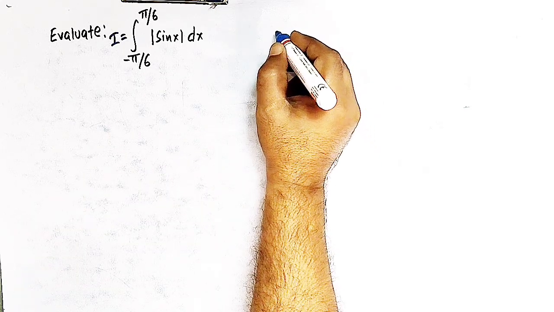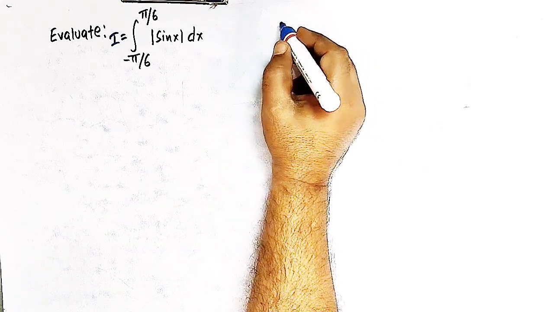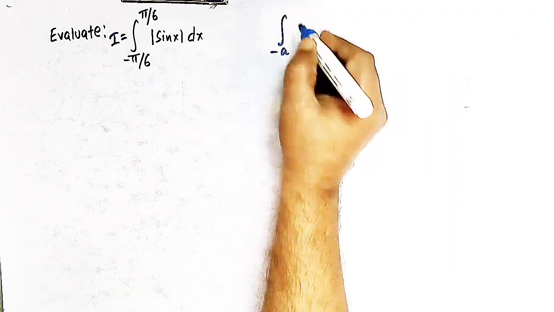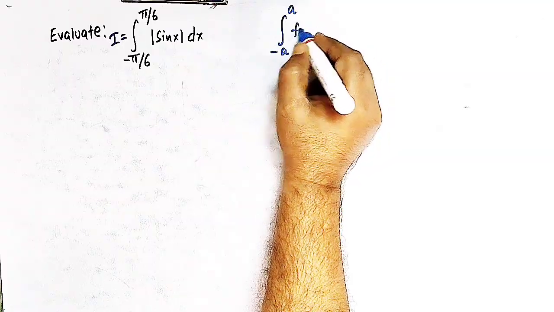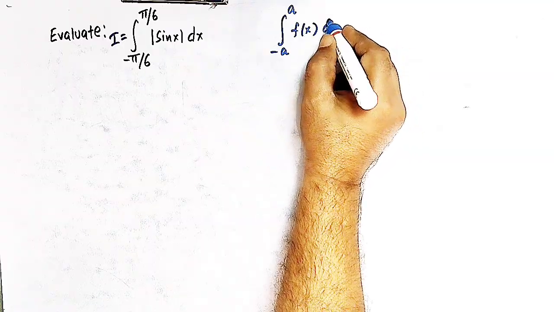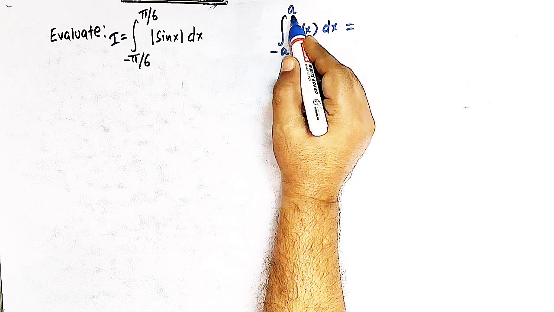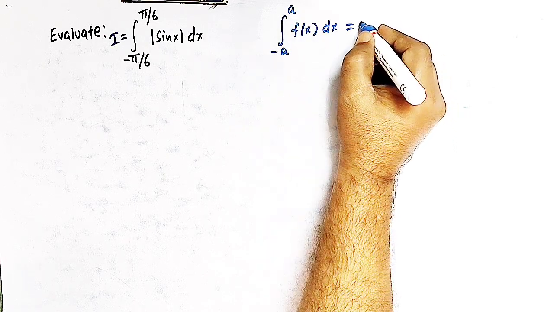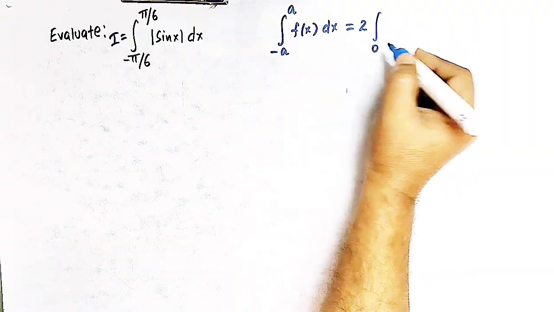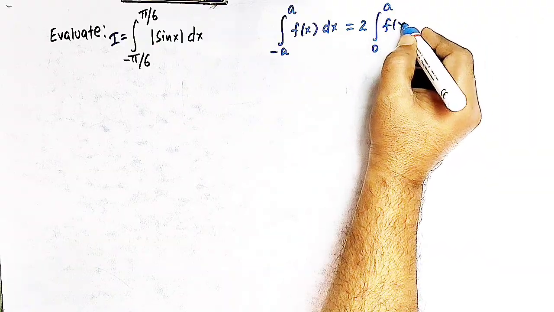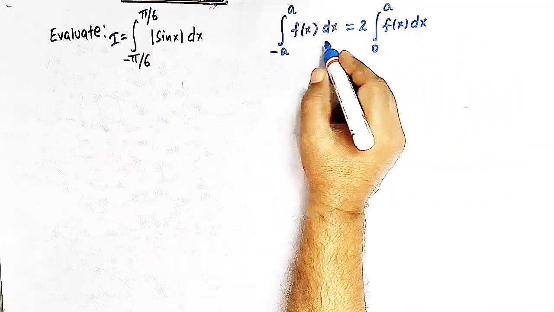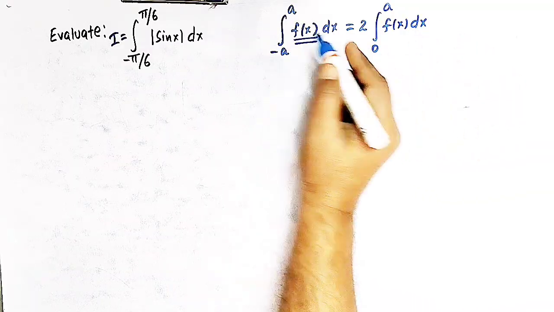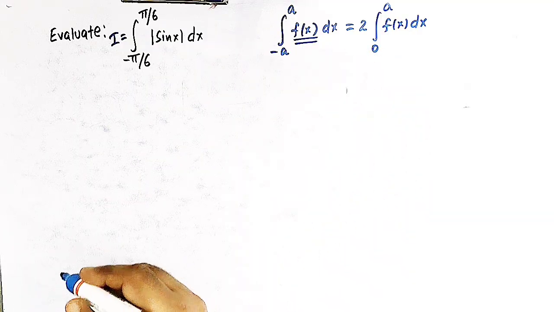And the first one is to make use of this important property of definite integrals, that is the integral minus a to a, and here we have, say, some function f of x dx. Then this integral is equal to 2 times the integral from 0 to a f of x dx, provided this function f of x, which is the integrand, is an even function, right?